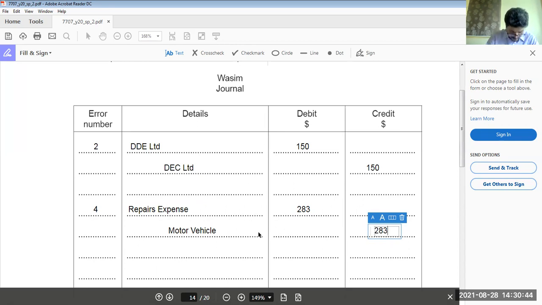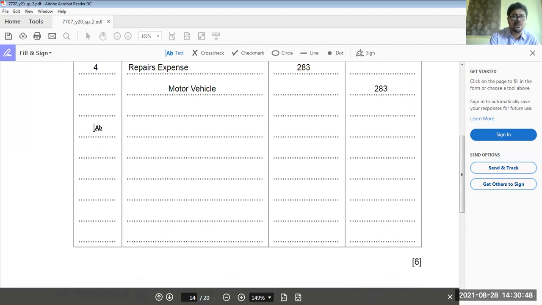Next error. You have to rectify only 2, but for your understanding, I'm going to correct the third error also, error number 5, which is a transfer complete reversal error, which is a fixture from OS supplies. So we have to debit fixtures and credit OS supplies by double amount.